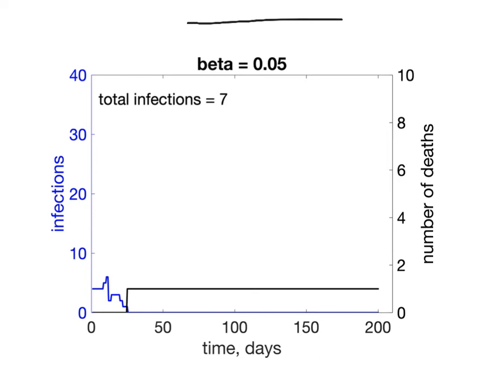If I am taking 11.1 days or so to recover, I'm going to look at the rate 1 over 11.1. That's the rate out of the infected class. The beta is the rate at which I infect other people. Now, before I had, in the last graph, okay, so 0.15 is up here. 1 divided by 11.1 is about 0.09.